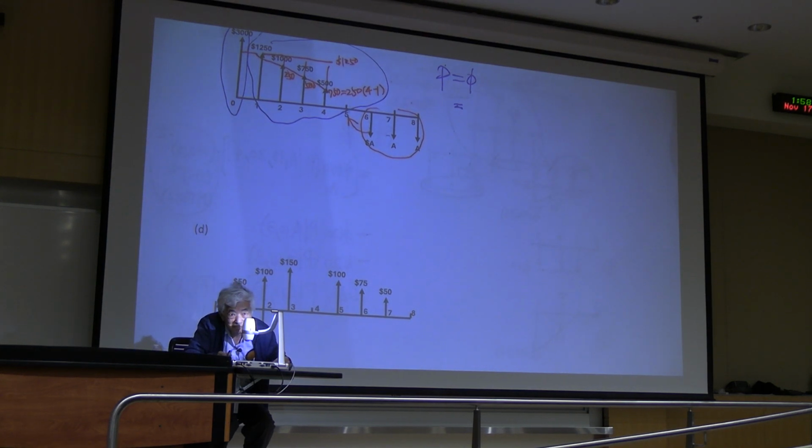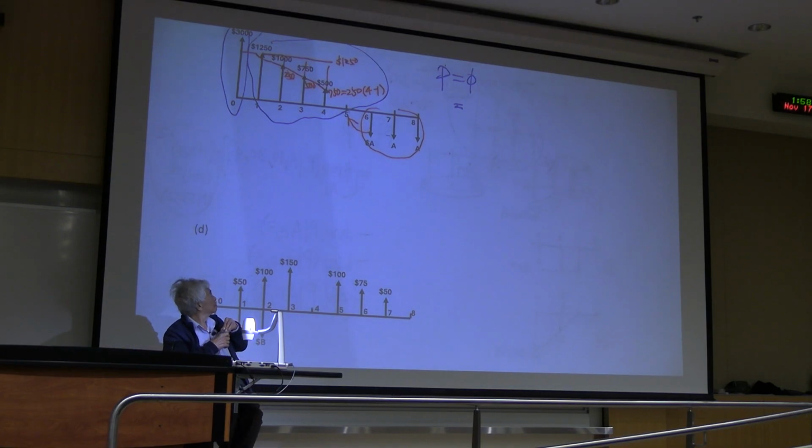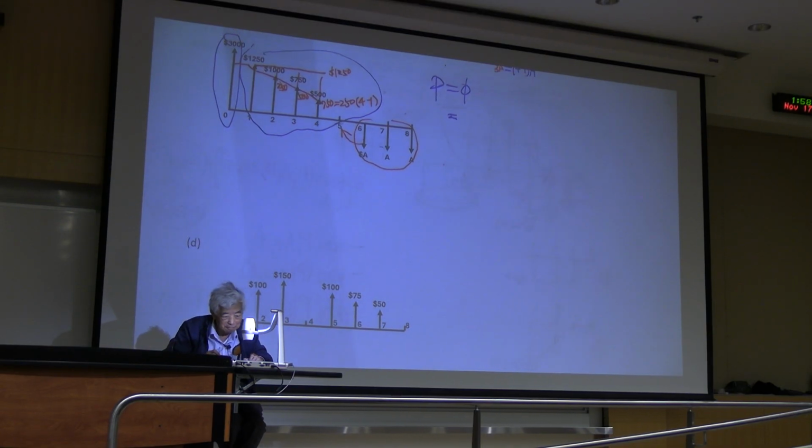Well, he wants us to just write the cell notation for how you would solve for cash flow A. No, you know, 25%.